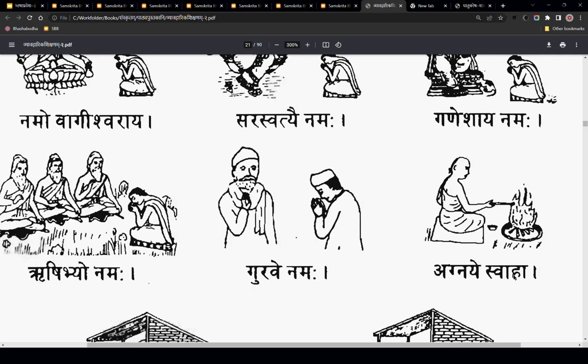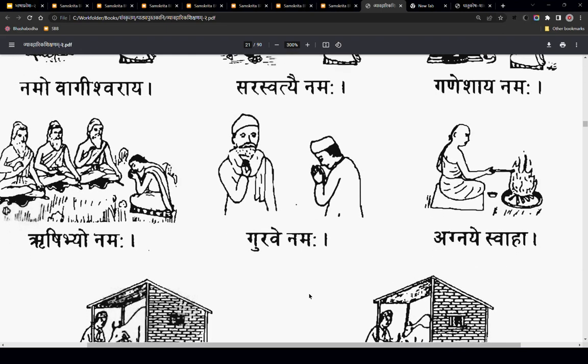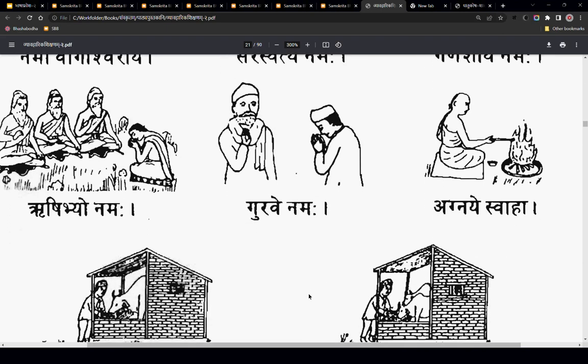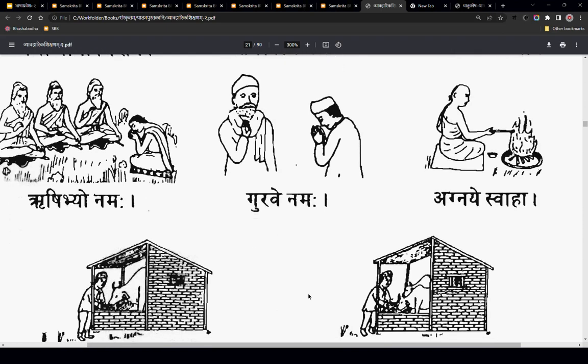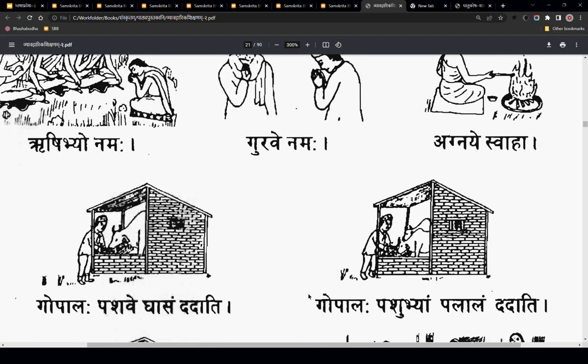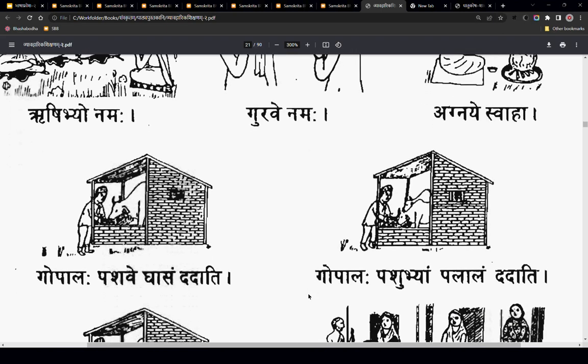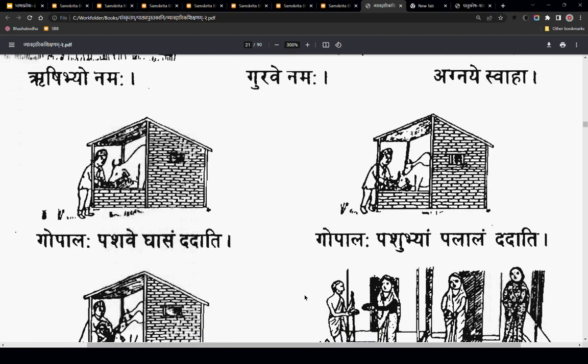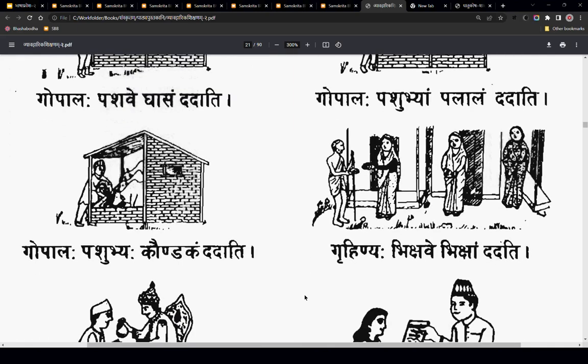There are other words also which are mainly used in the Homa, Yaga, etc., like Vashat, Swadha, Vashat. So there also Chaturthi Bhakti is used. Indraya Vashat, like that. Vashat means again the same. This is a yaga karma. We are offering something.